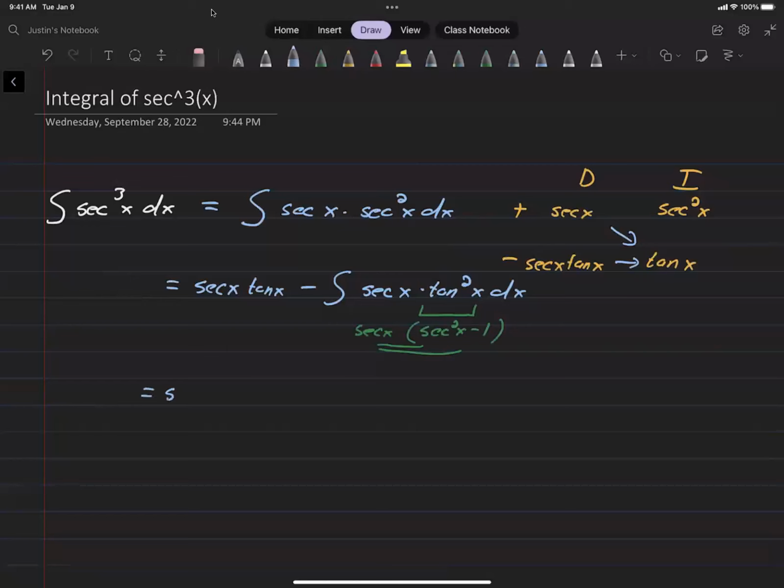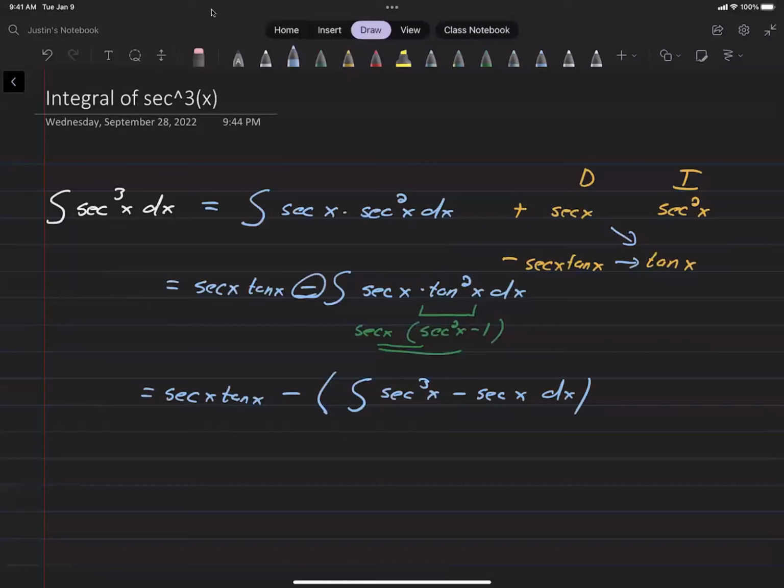So still have the same terms out front. And now minus the inside here, I have the integral of secant cubed minus secant. Good. Notice to put parentheses around it, we'll need to distribute that negative out front.